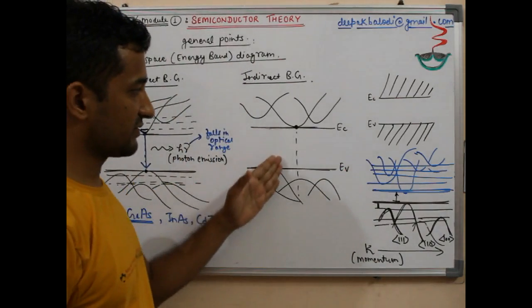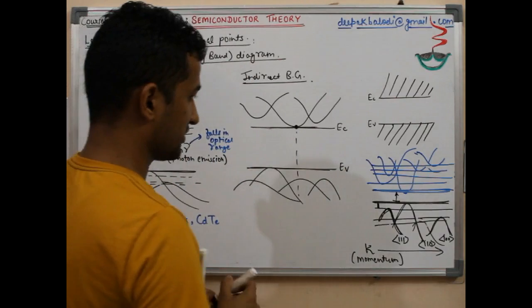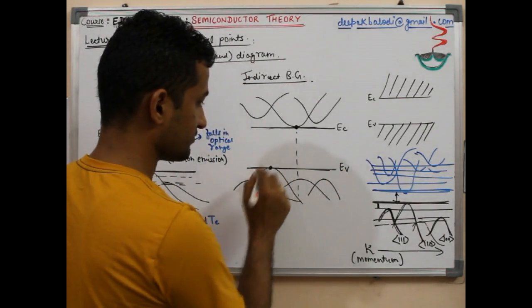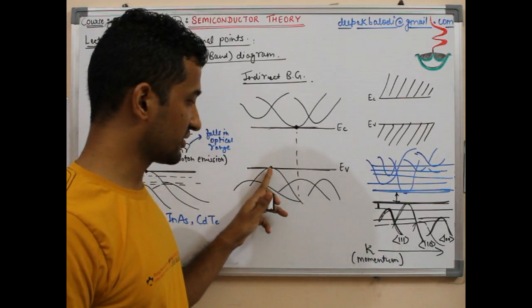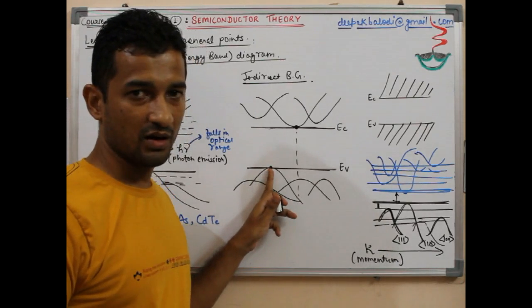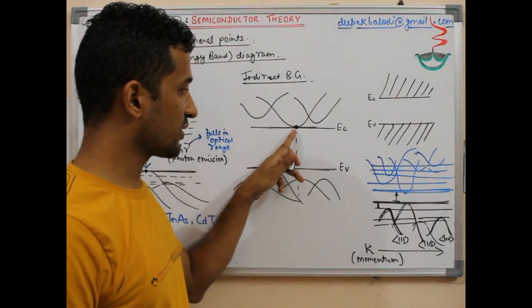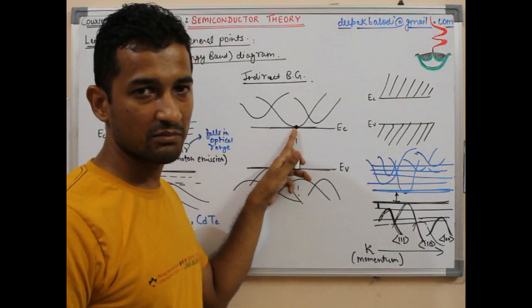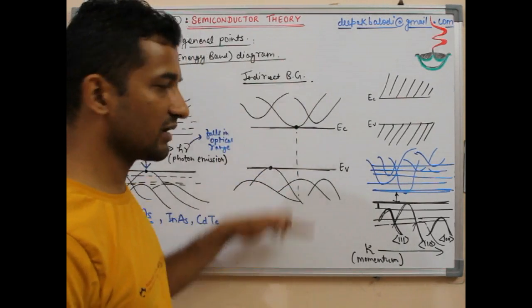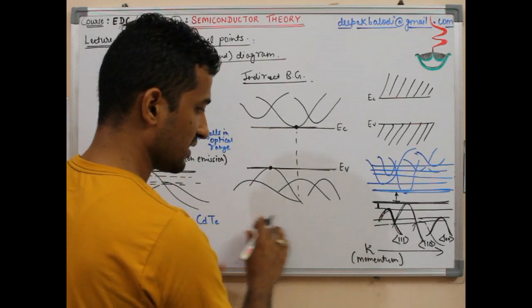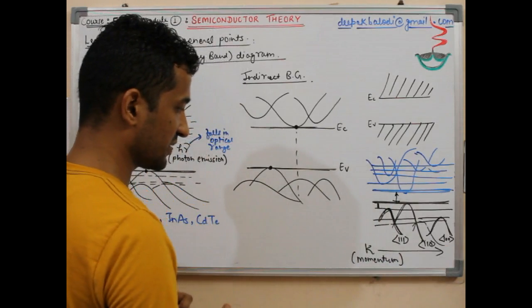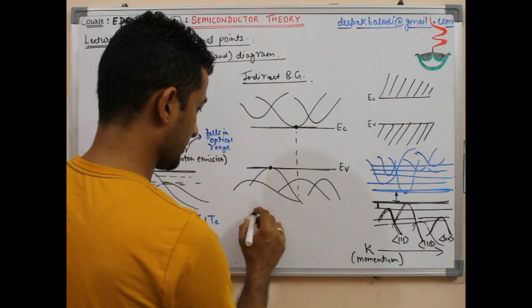So in such kind of scenarios, the highest energy possible, or highest peak in the valence band, is this, so this corresponding energy will be EV, and the energy corresponding to this lowest valley in the conduction band will be EC. Then you can indicate other levels also, but we are not interested. And this direction, as we have already discussed, is the K momentum direction, or K space vector direction.